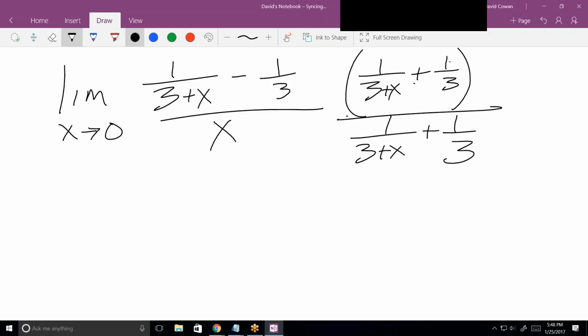And then the top is this term squared, so it's 1 over 3 plus x squared minus 1/9. Yeah, that doesn't work quite as nicely. So using the conjugate on this doesn't work so nice.